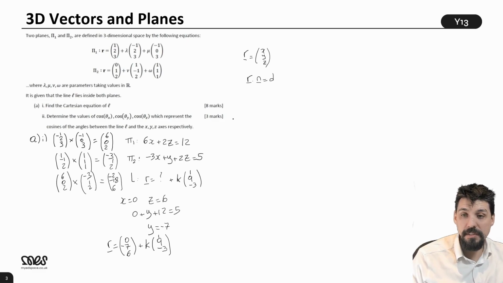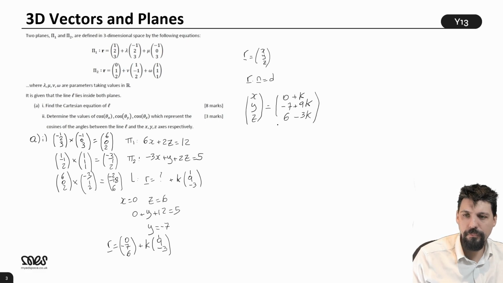We want this as a Cartesian equation, and we'll take the time to remind you of this one. If I spell this out in terms of the three components, I get (x, y, z) is equal to 0 plus k, -7 plus 9k, and what was the last one? 6 minus 3k.